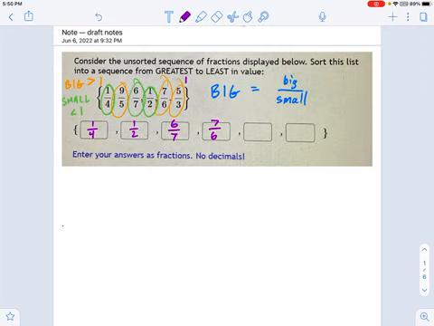So 5/3 is 1.666, whereas 9/5, if I remember this right, is 1.8. Okay, so those two you may have to pull out a calculator for. Yeah, I'm pretty sure I have that right. Double check me. But I think this goes 5/3 and then 9/5.